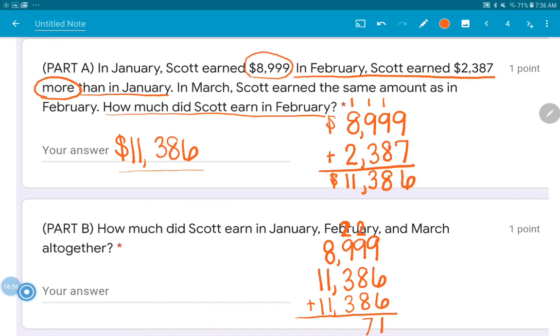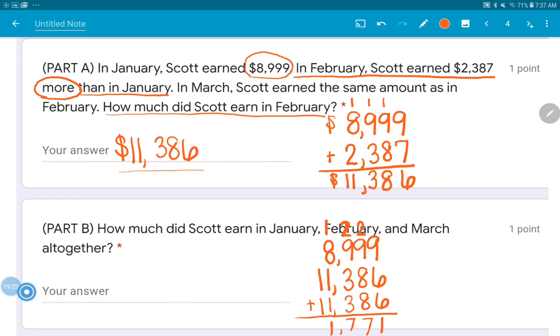Okay. So now I have 2 plus 9 plus 3 plus 3. 3 plus 3 makes 6. And 6 plus 9 makes 15. 15 plus 2 is 17. So I'm going to write down my 7. Regroup the 1. 1 plus 8 plus 1 plus 1. So 8 plus 1 is 9, plus 1 more is 10, plus 1 more is 11.